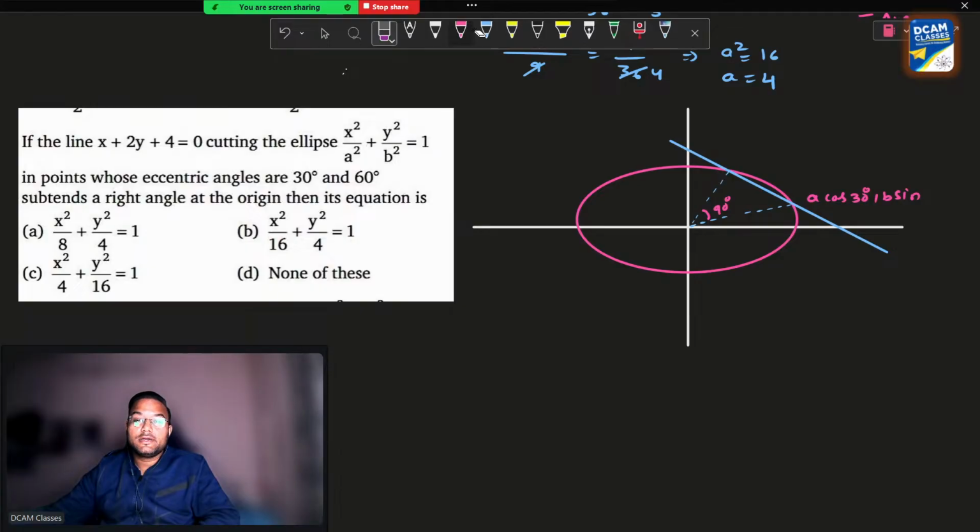I could have solved it very easily, but it's hanging. So you are getting time. a cos 60, b sin 60.